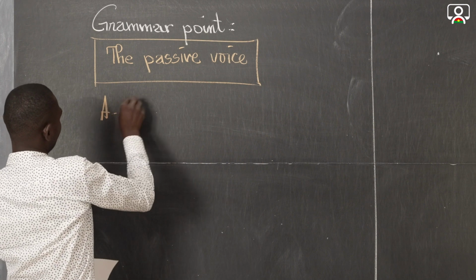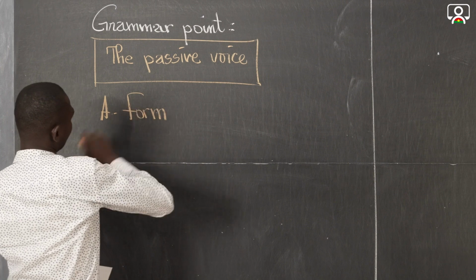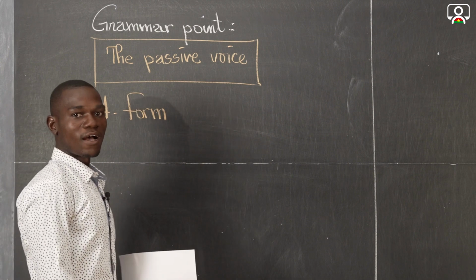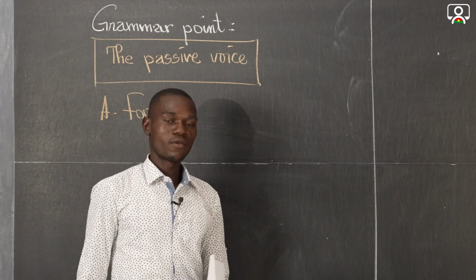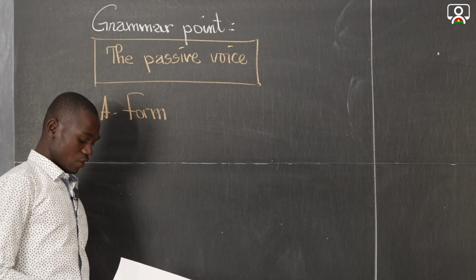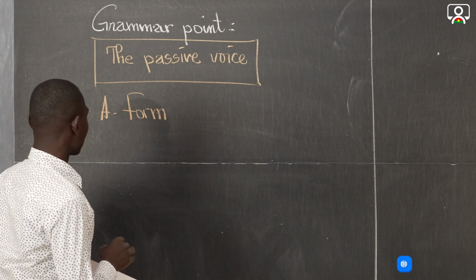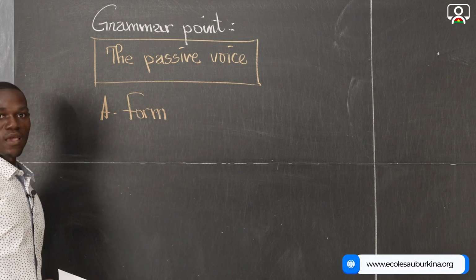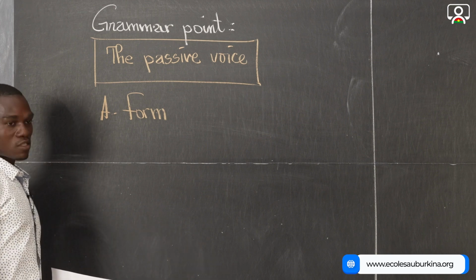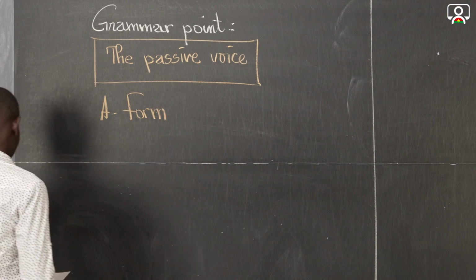Capital A, form. Form is how to form the passive. For this, I'm going to write some sentences on the board for you, and from these sentences, we are going to see how the passive is formed.